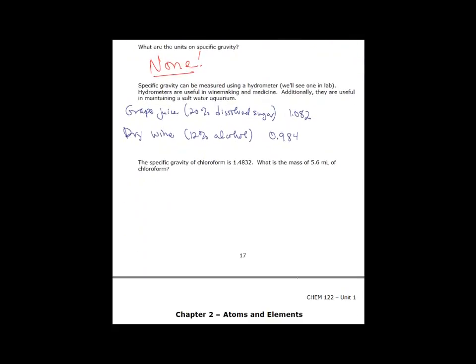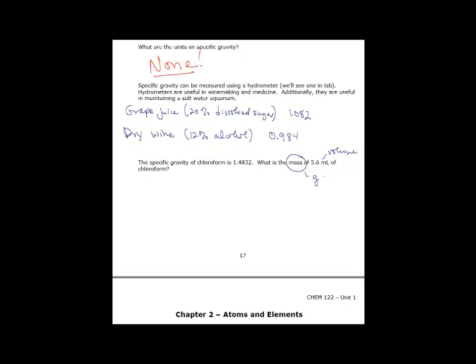The specific gravity of chloroform is 1.4832. What is the mass of 5.6 milliliters of chloroform? So they give us a volume and they want to know the mass. And remember that units on mass are grams.